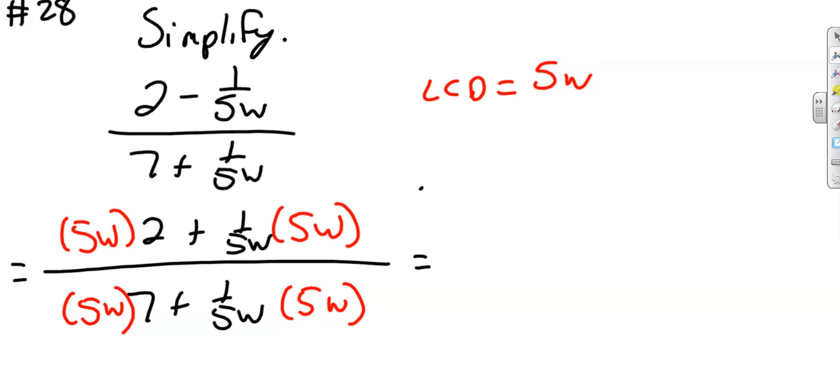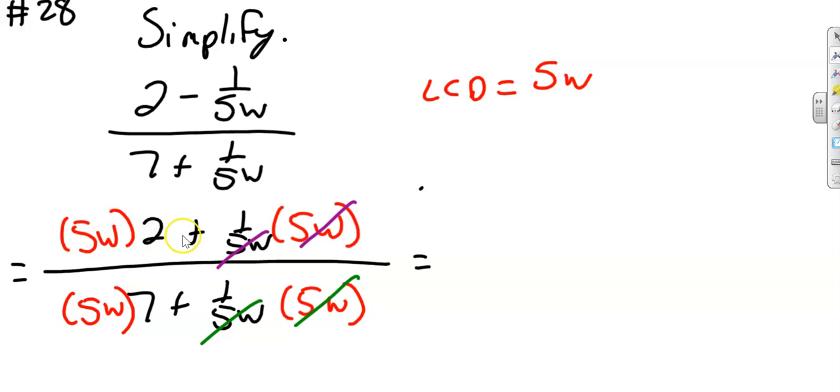Okay, and by doing that, multiplying everything by the least common denominator, all your fractions should cancel out. Because this 5w will cancel this 5w. This 5w cancels this 5w. And you're left with, should just be all whole numbers from here.